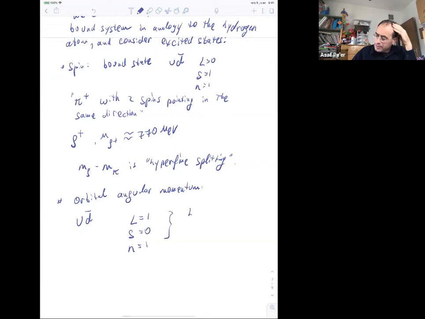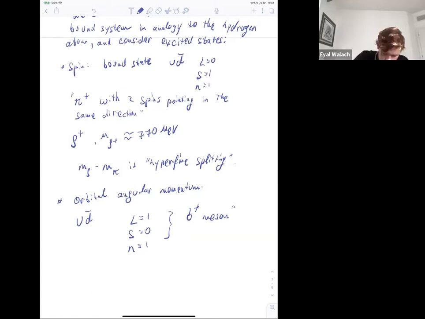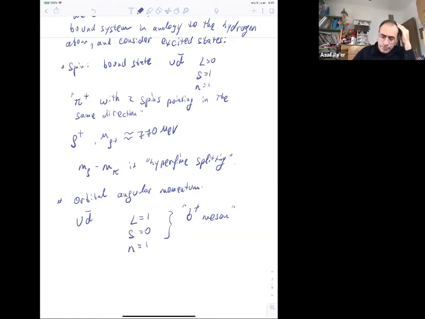It's known as a B plus meson, and again, it's much heavier. The mass of the B meson is about 1235 MeV. It's more than a GeV.